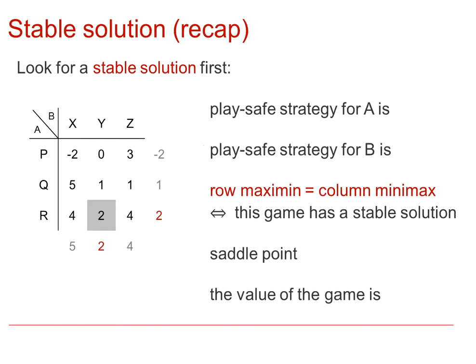If I'm looking for the play safe strategy or the least worst option for A, this is going to be R. And for B, this will be Y. Therefore we say there is a saddle point at RY, and the value of the game for A will be 2, and for B will be -2.